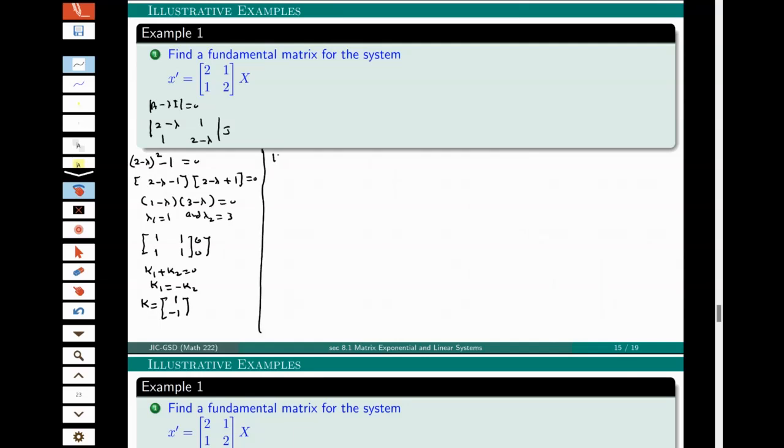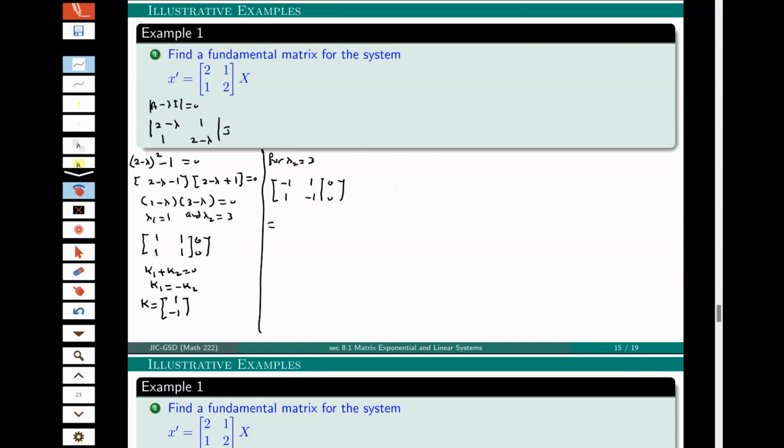For the second eigenvector, for lambda 2, which is equal to 3, it will be 2 minus 3 is minus 1, and 1, that's 1, and 2 minus 3 is minus 1, 0.